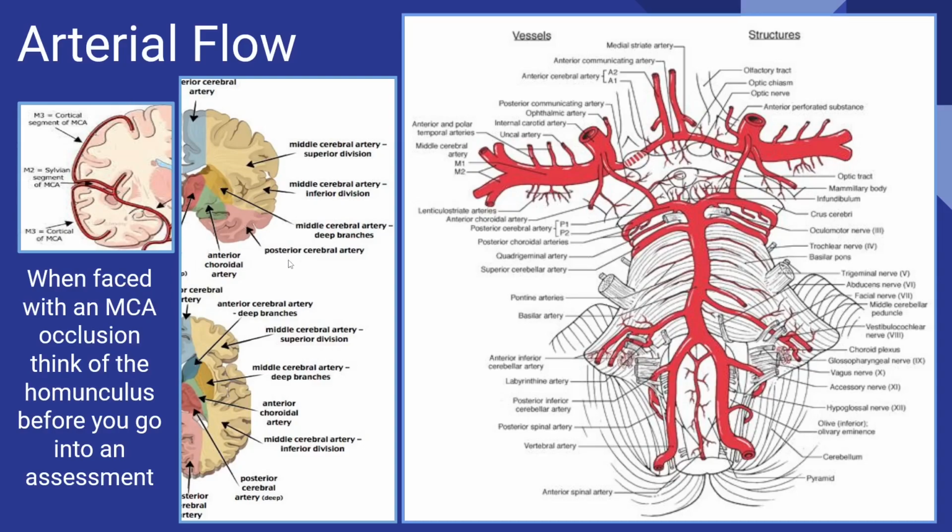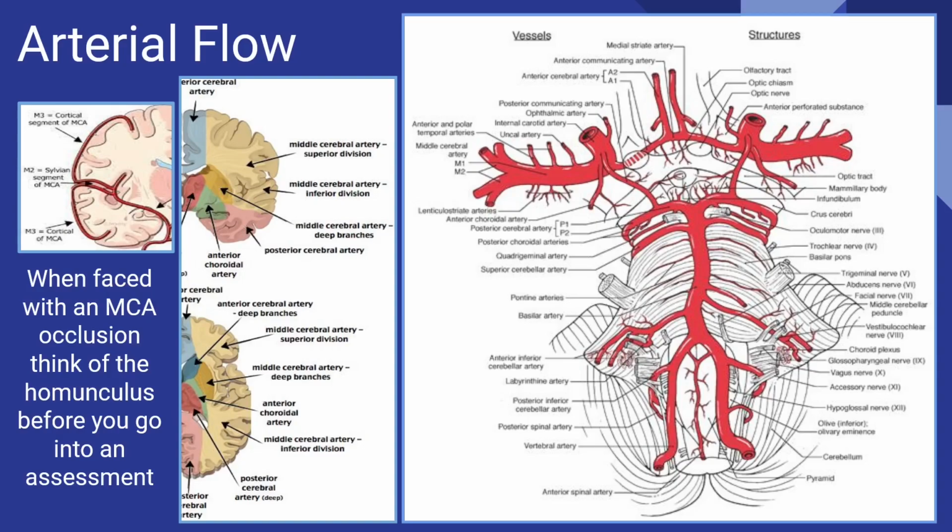And if you remember in nursing school when we talked about the homunculus, wherever that clot or hemorrhage ends up happening in this MCA is where you're going to see your deficits. So if this happens a lot further in the M segment, say down deep in the M3 segment, then you'll still have a lot of potential function.